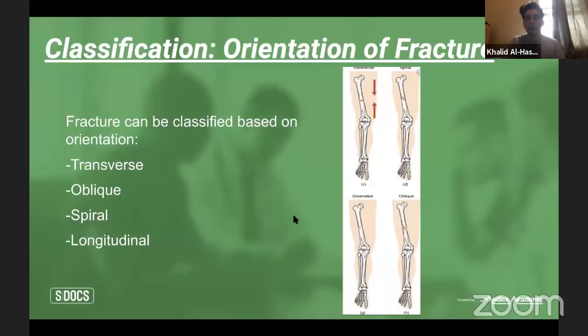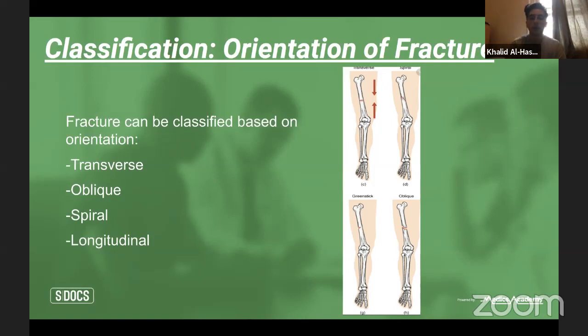In terms of orientation of the fracture, fractures can also be classified based on orientation. Fractures are 3D, they are not 2-dimensional, and the way in which we generally tend to look at fractures is both from an antero-posterior view and a lateral view.